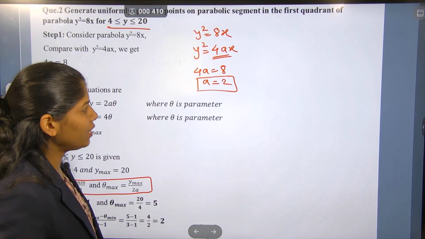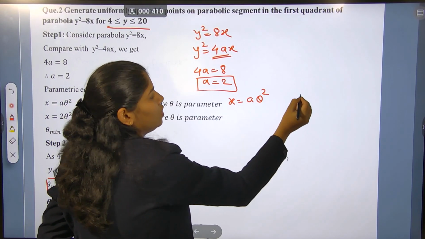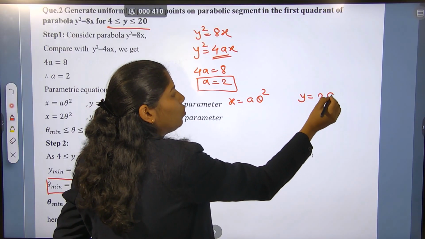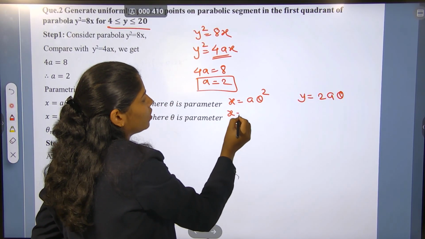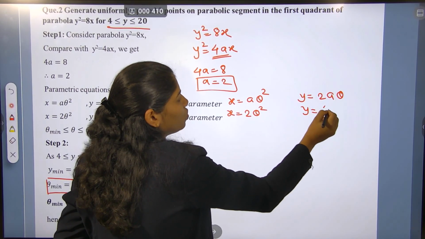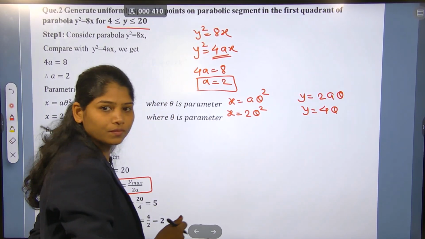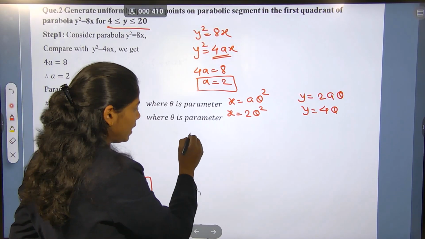Then write down the parametric equation. x is equal to a theta square, y is equal to 2a theta. So put here the value of a, x is equal to 2 theta square and y equals 2 into 2, 4 theta. Okay. Then find out del theta.